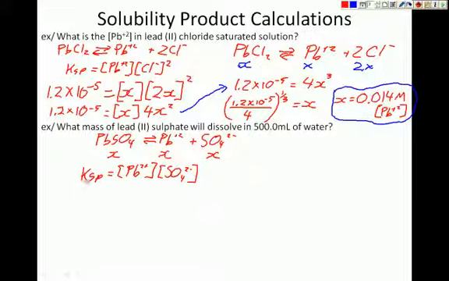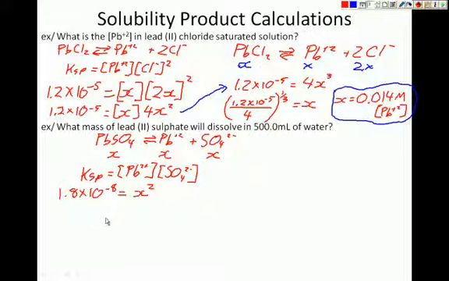The Ksp according to our table is 1.8 times 10 to the minus 8, and this is x times x, which is x squared.